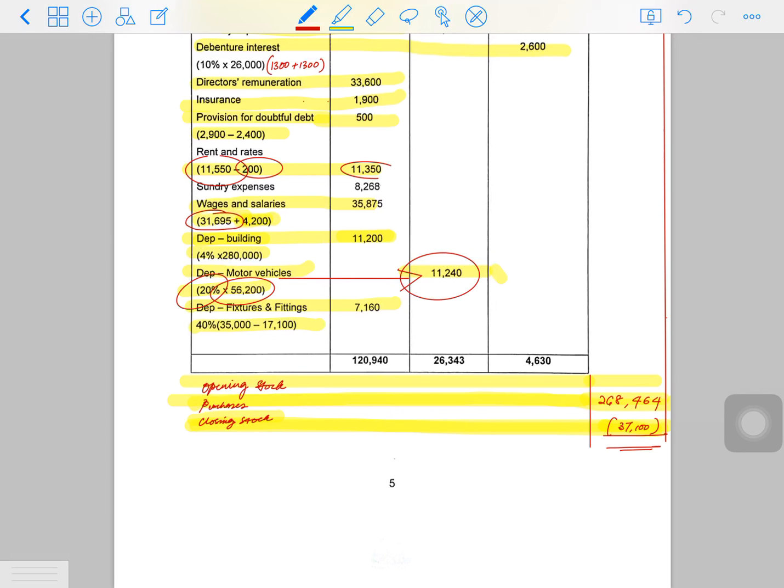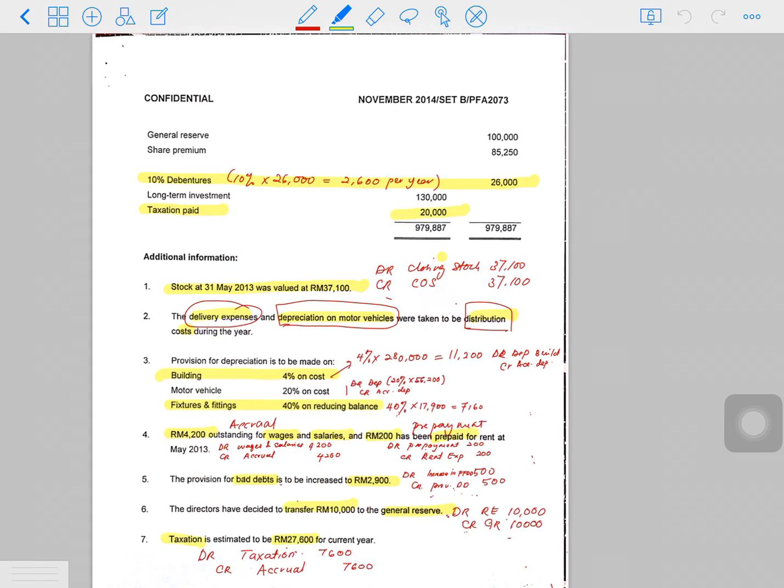Okay. Next kita ada account payable in your current liability. Account payable, this amount 31,272. Account payable.